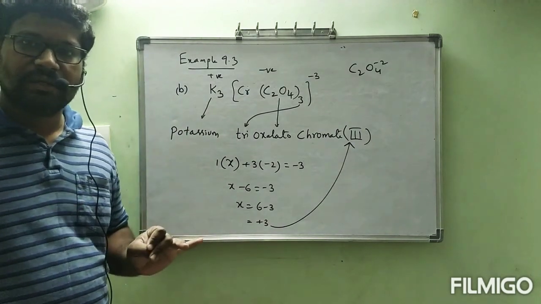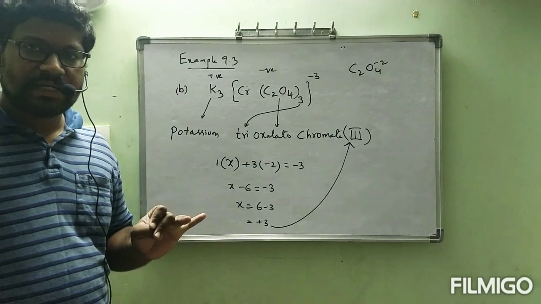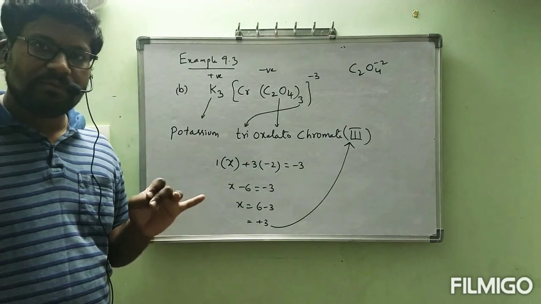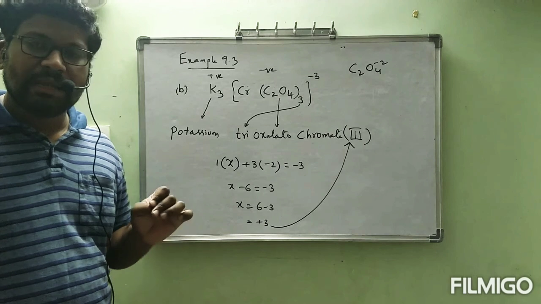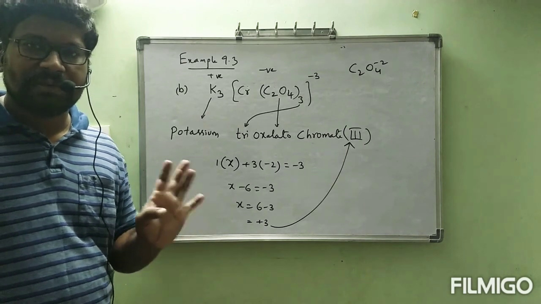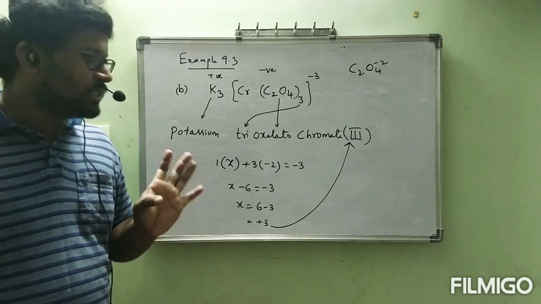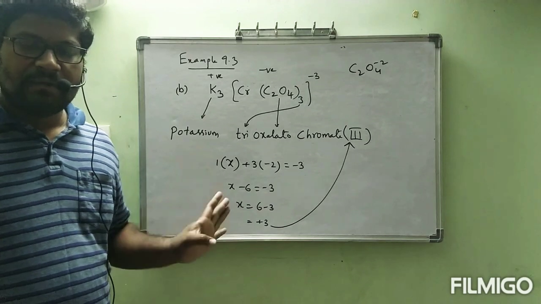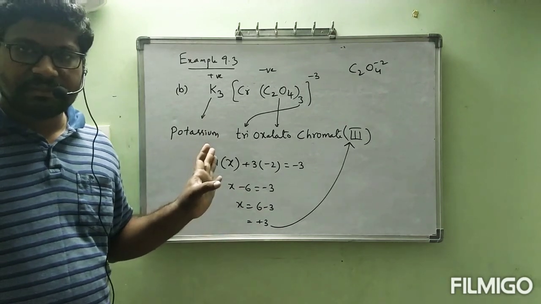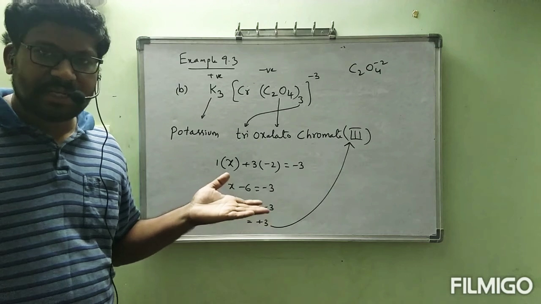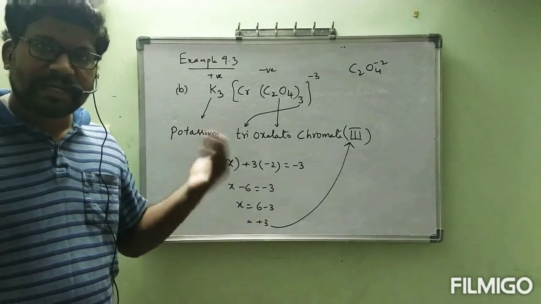Take it as homework. If anything you didn't understand, inform me in our group. Immediately I will respond and explain them. No problem at all. This is about today's class. Today we had to complete this nomenclature. If any help is required or extra problems for practicing, I will send.